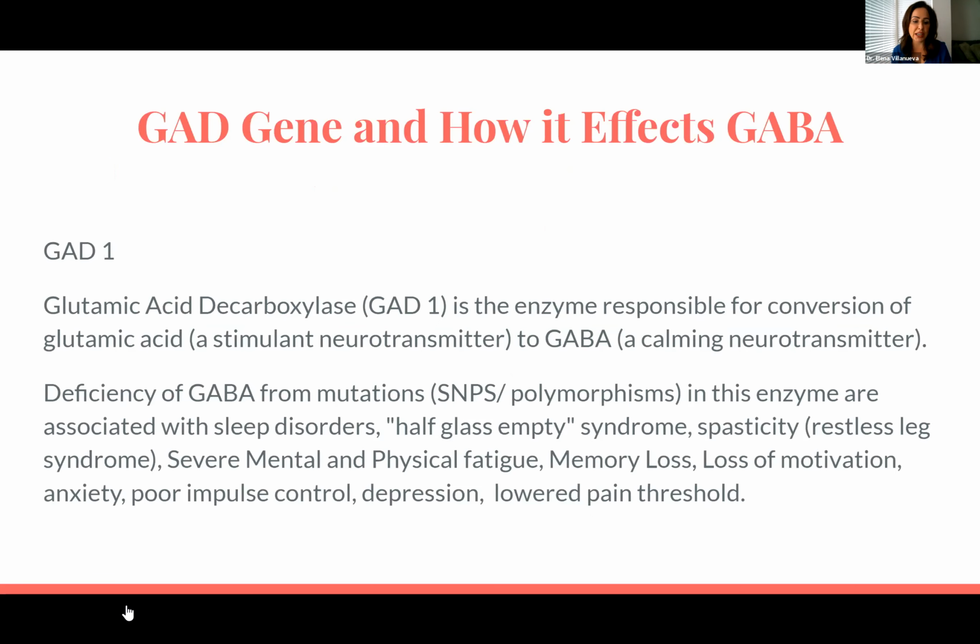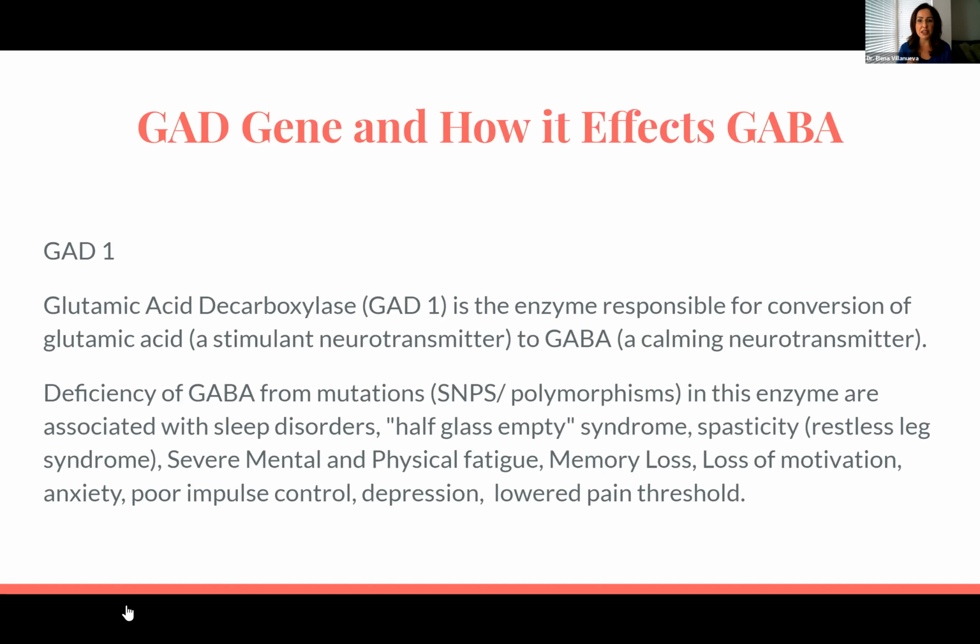The GAD gene is responsible for the conversion of glutamic acid into the neurotransmitter GABA. What's very interesting is that the precursor of GABA, which is the glutamic acid, is a stimulant neurotransmitter in the brain. But once it's converted to GABA, GABA is a calming neurotransmitter.